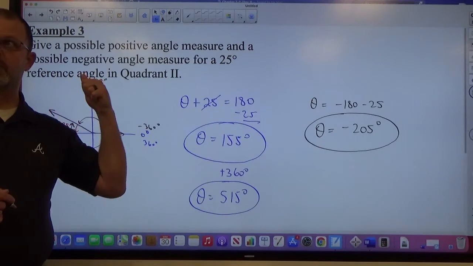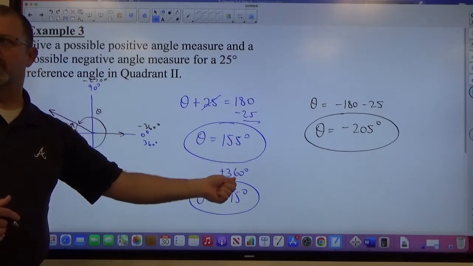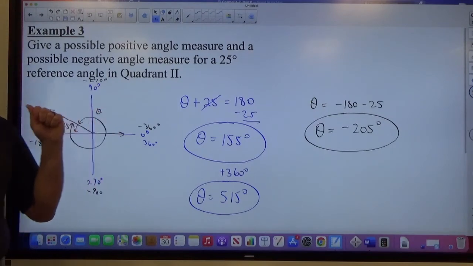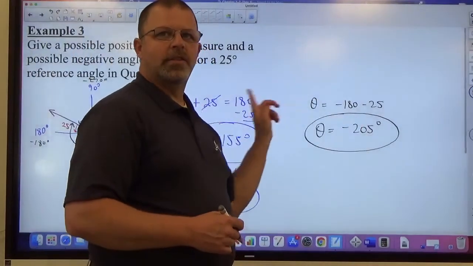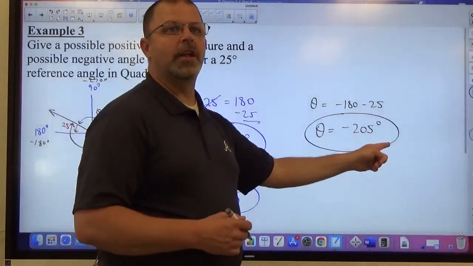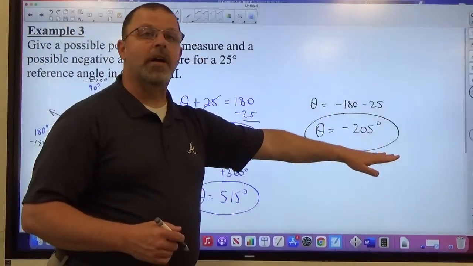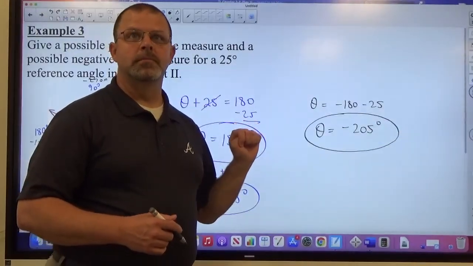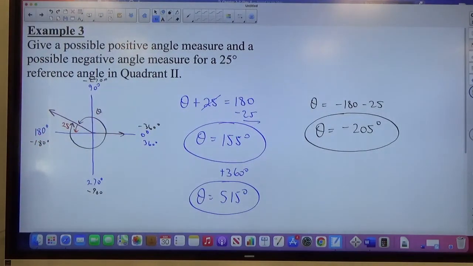If it says a possible positive, any number or 360 plus that number is going to be correct. 360 minus the number is also correct. So again, if you get this answer, subtract 360, that gets you the negative. If you add 360, you get more positive. Subtract 360 from that, negative 565 is also right. Negative 925 also right, and so on and so forth.